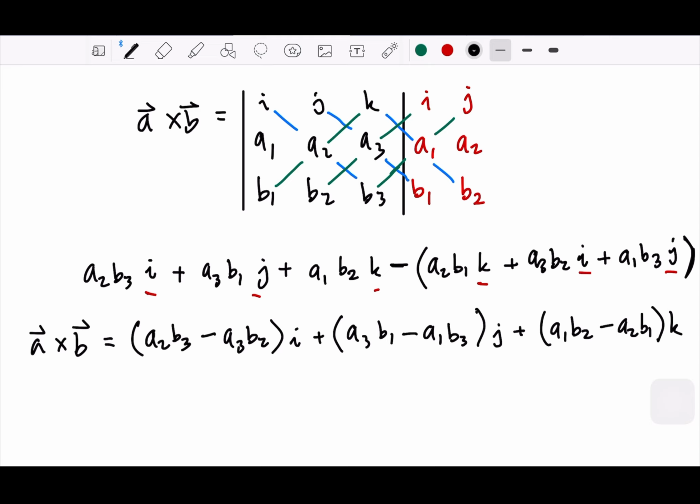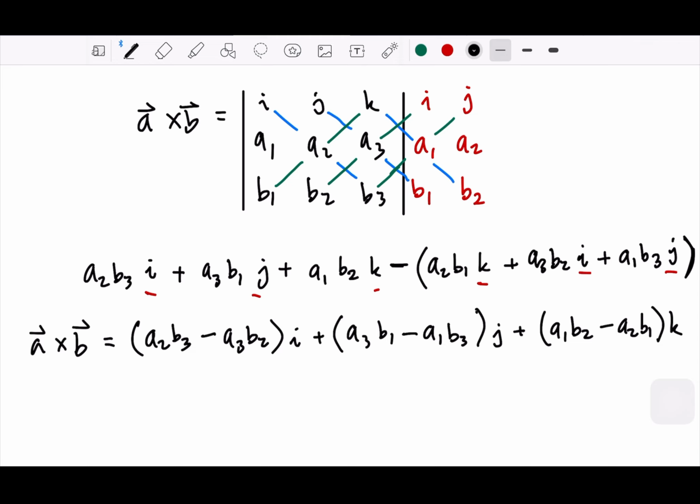And I'm usually using this method rather than trying to multiply and find the determinant. So this method starts with the 3 by 3 and rewrite the first i j. Okay. Multiply the blue lines here, and you add all these multiplications.